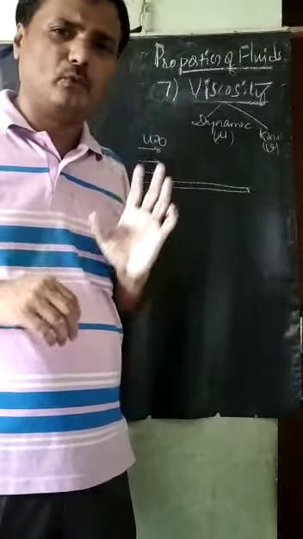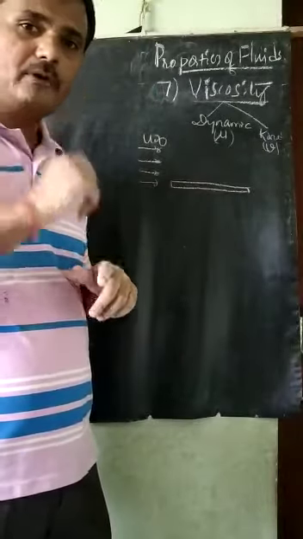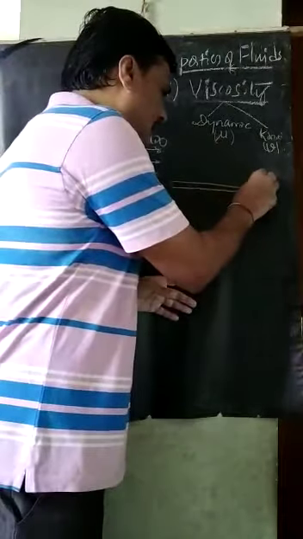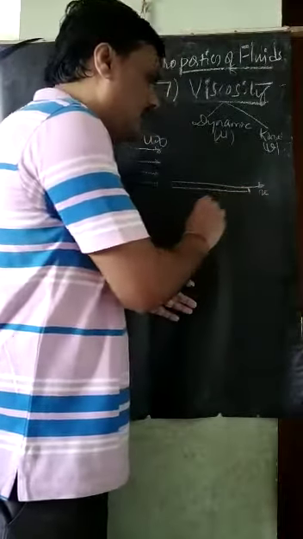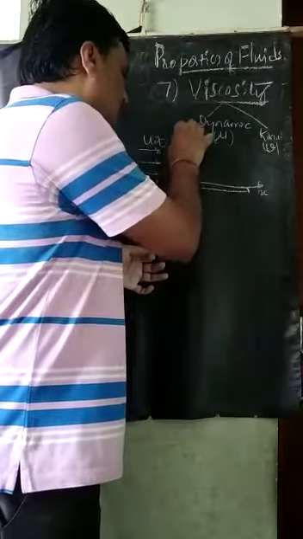They are moving here. So when the plate is present, what happens? See here. This is the x-axis along the length of the plate. Perpendicular to the plate, this is the y direction.